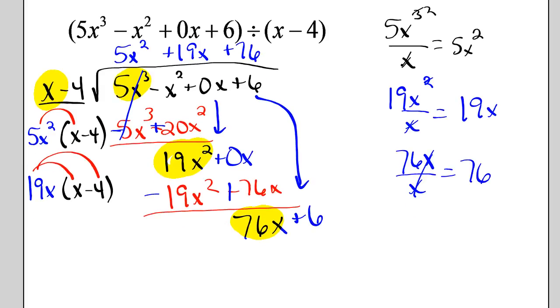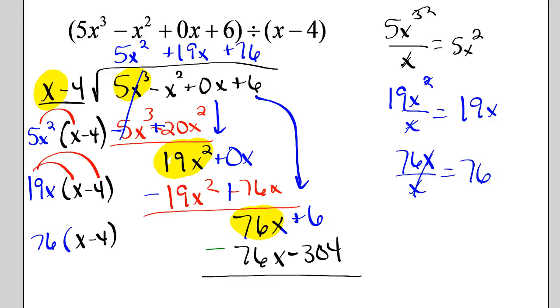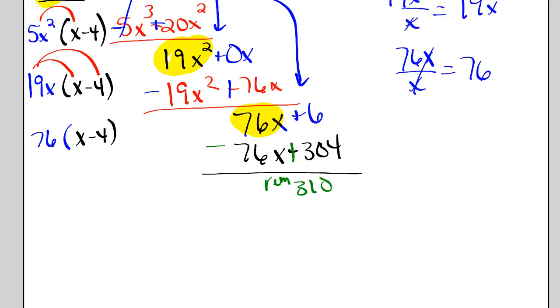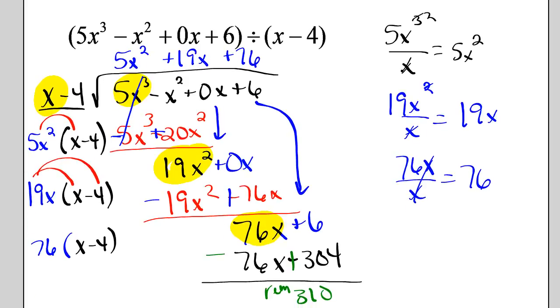I'm going to have to give myself some more room. So 76 times x minus 4 gives me 76x. 76 times 4 gives me a minus 304. When I change to subtraction, I get 310. So I have a remainder of 310. My quotient and remainder, this is going to be tough to write.